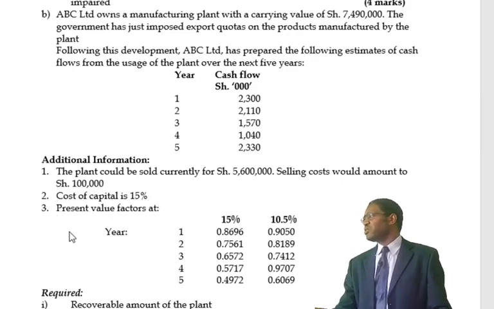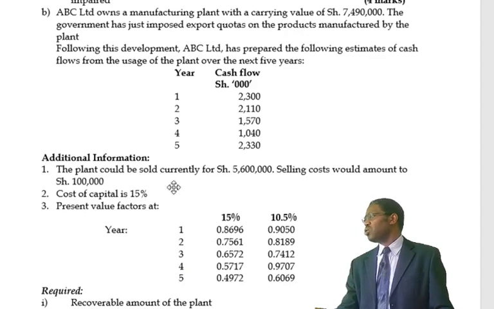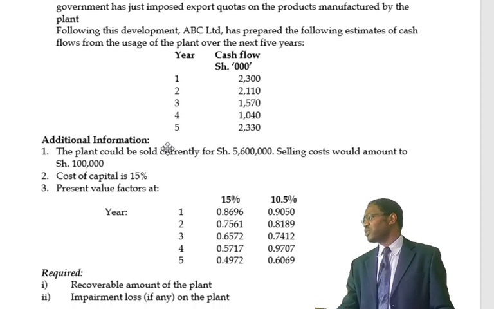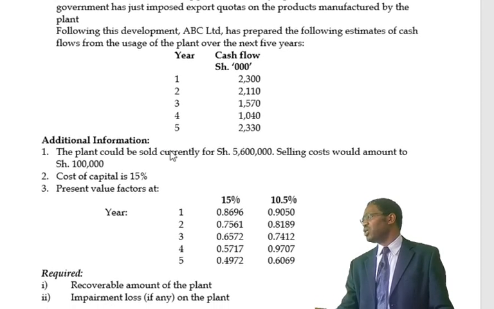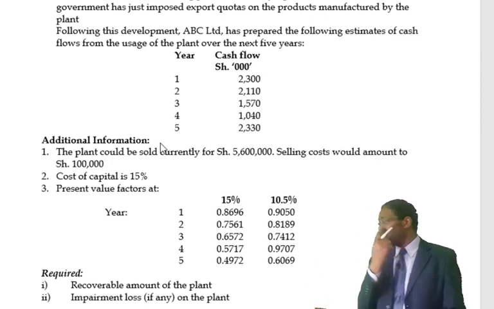Number 3, the present value factors are, you are given one column for 15%, and the other column is for 10.5%.